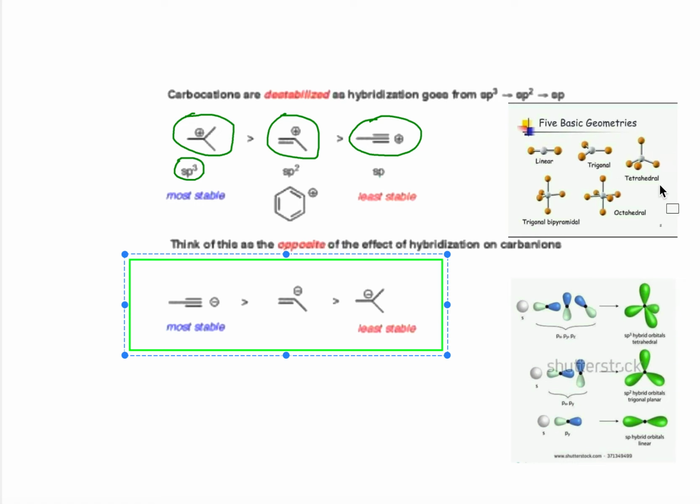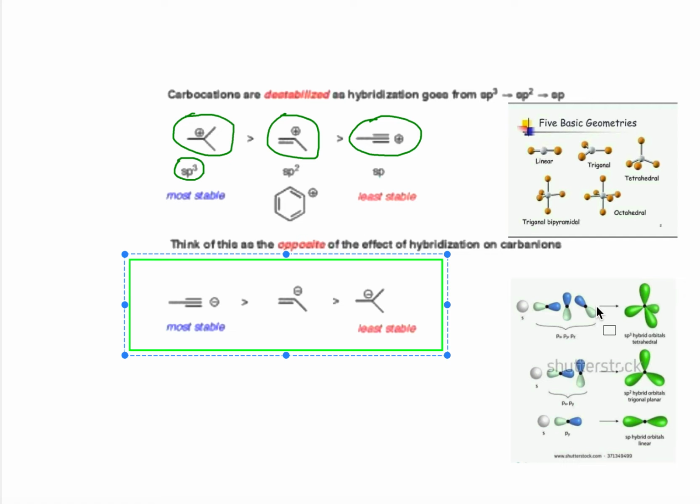As you can see, the sp3 hybridized structure of carbon is tetrahedral, sp2 is trigonal, and sp is linear. The sp3 hybridization means one s and three p orbitals combine to produce the same number of degenerate hybridized orbitals of equal energy.